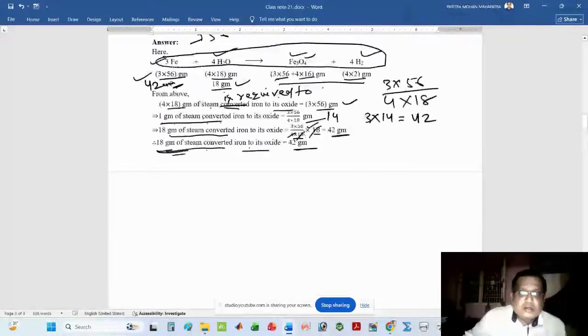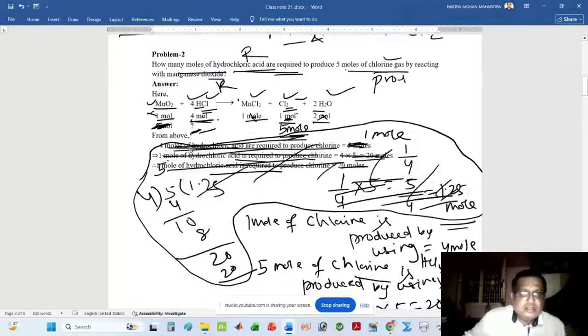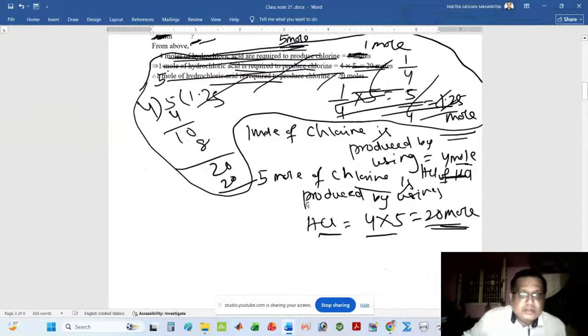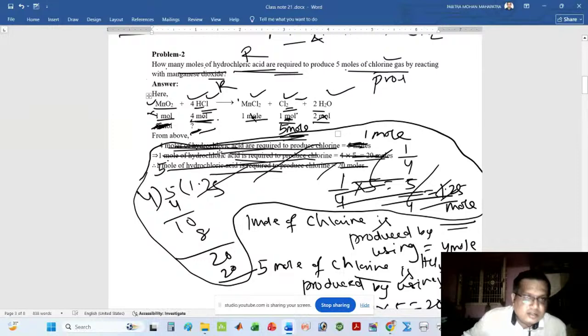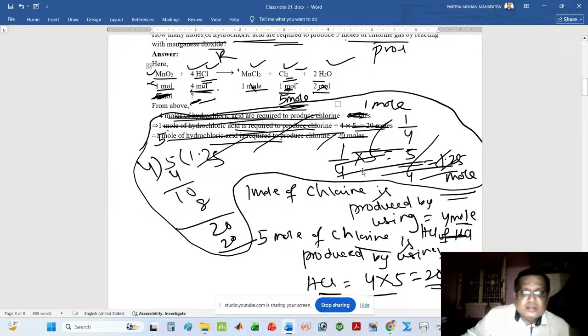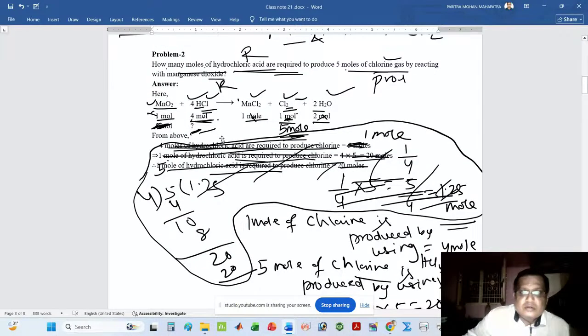Actually, this problem is very difficult to solve, because here the data is in the wrong form. So try to understand this problem. Otherwise, in the next class, I will again explain it. This problem takes much more time to understand.